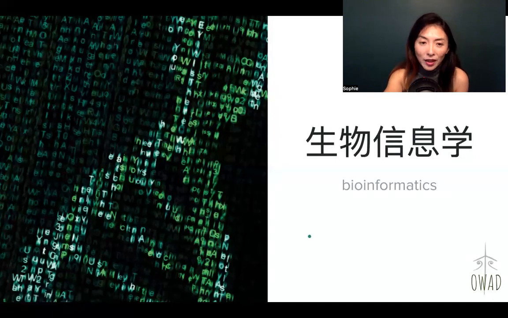So I'm not sure, it's probably not a binary system they're using there, but it's digitalization, converting information into symbols and icons, and then computing from there to try to find patterns of biology, such a fascinating subject to study. All right, so that's 生物信息学.